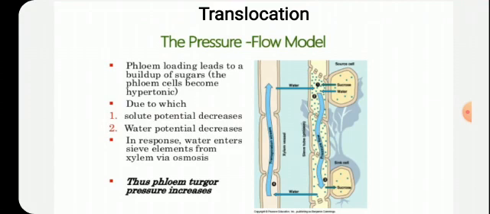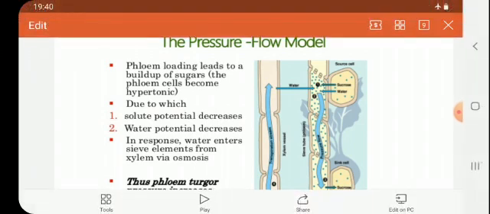Children, during the flowering season, sugar stored in the roots and stem is transported towards the floral bud. For what purpose? To make them open and blossom.